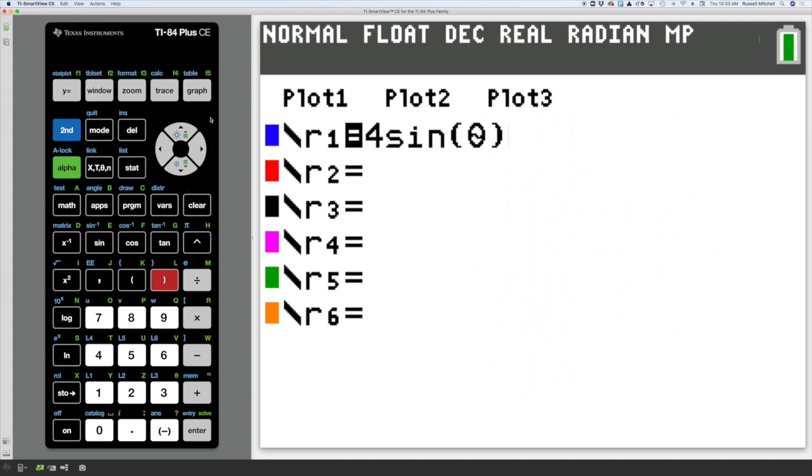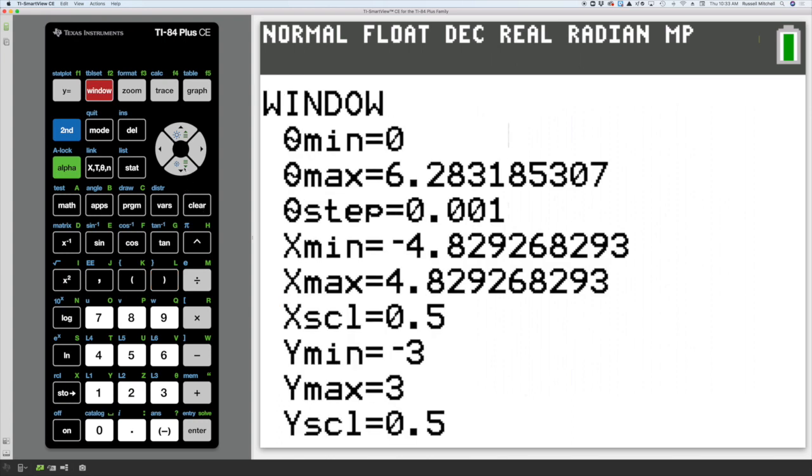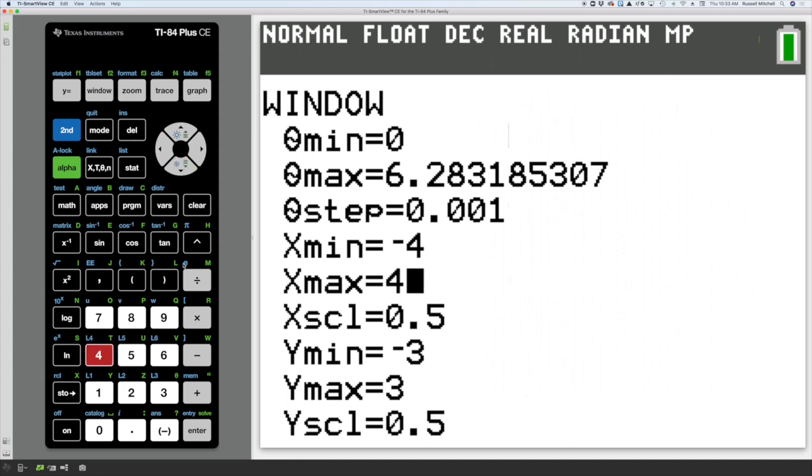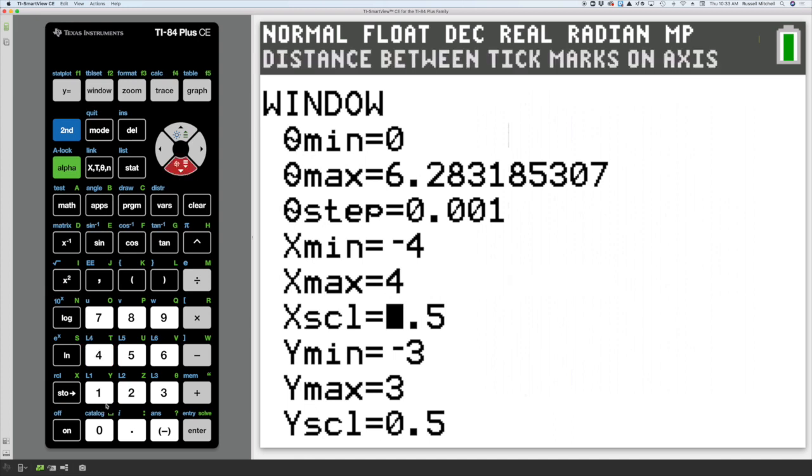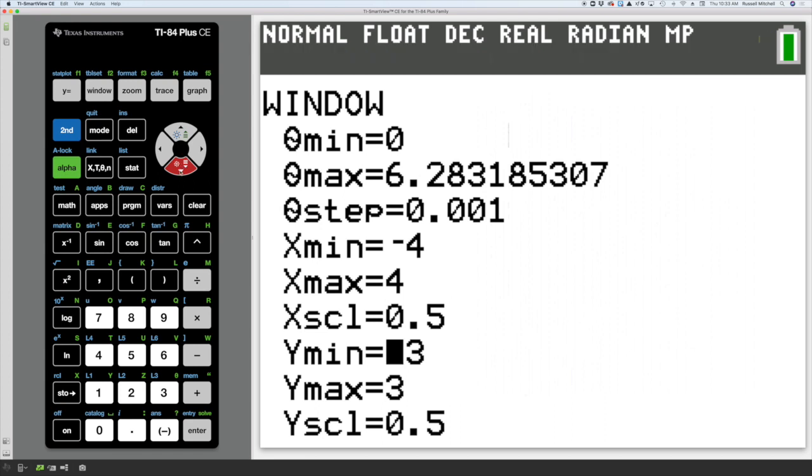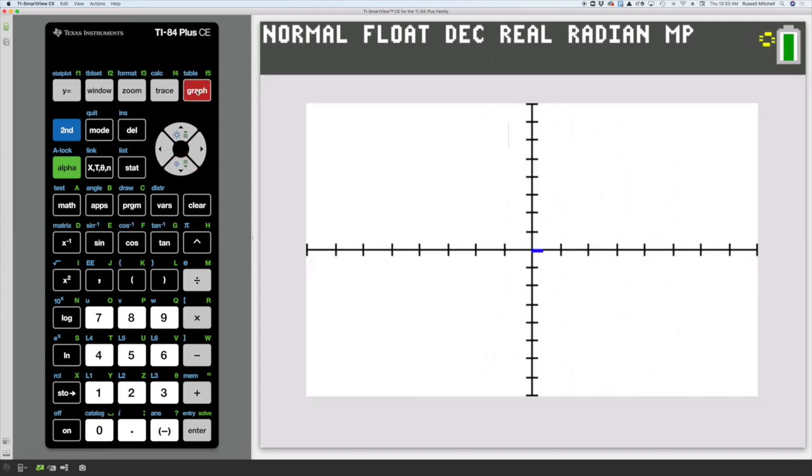For this one, our window needs to be -4 to 4, x scale 0.5 is fine, and then y min -4 to 4, and y scale 0.5. Okay, and graph it, and then we'll do zoom square.